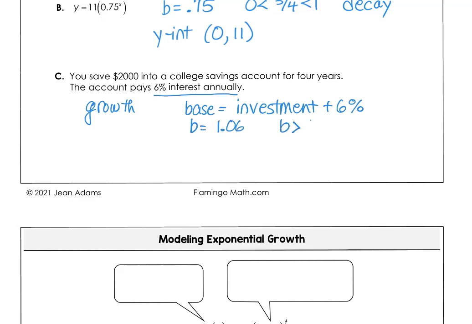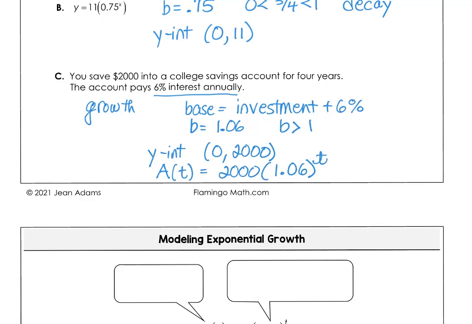That tells us by definition our base is larger than 1. And the y-intercept is going to occur at 0, 2,000, since that was your initial amount. In fact, if you wanted, you could write the amount at any given time as 2,000 times 1.06 for that 6% growth, raised to the power of time.